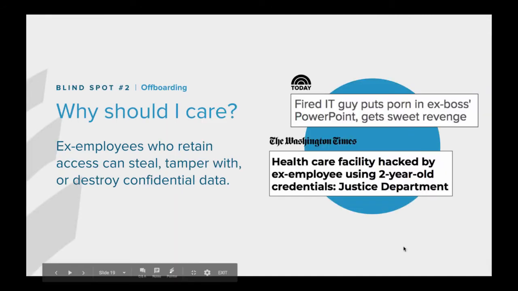And the reason it's a problem is because there's a lot of damage someone can do if they have access. And especially if someone's been fired from an organization, it depends on the person, and they could do some pretty bad stuff.